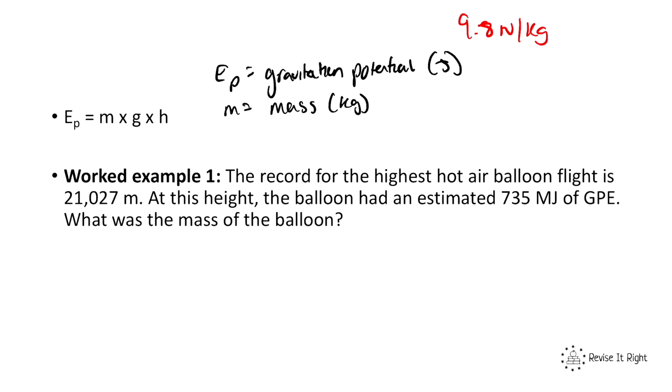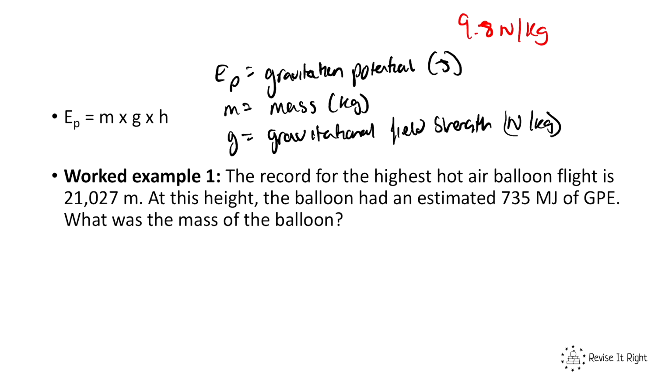G is the gravitational field strength, and that is measured in newtons per kilogram. And finally, H stands for height above the ground, and that is measured in meters. And here is the equation that links all those together.